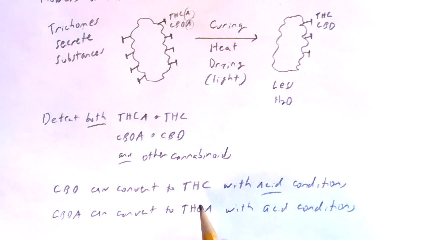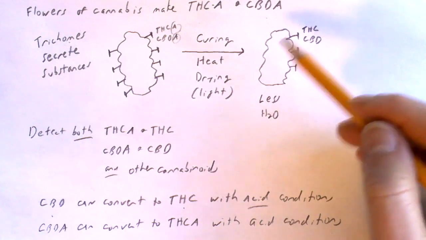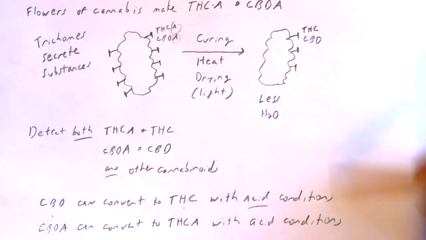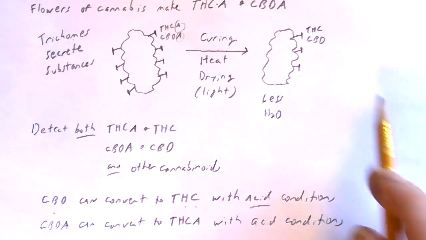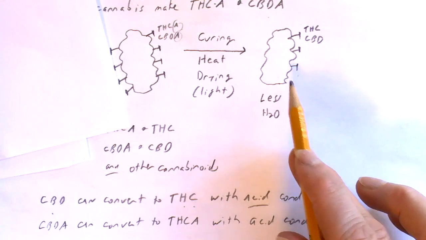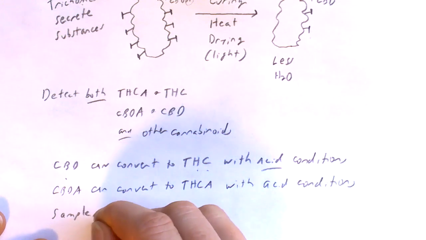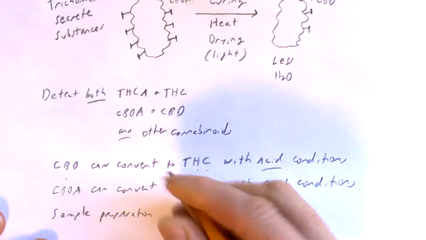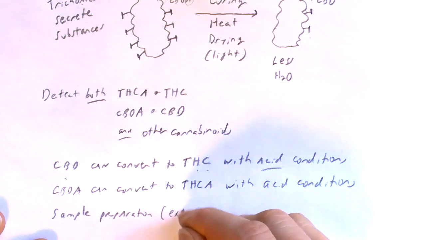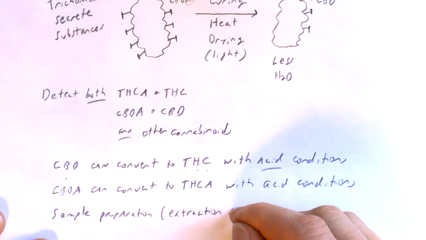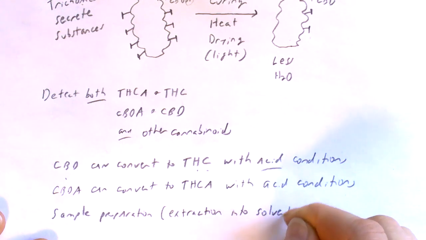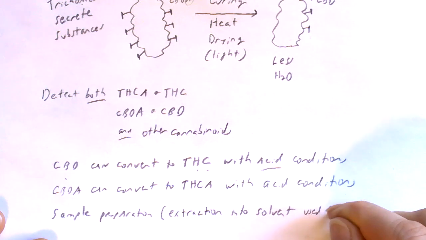Now, why would that matter? Well, remember, THC is the psychoactive component, CBD is the non-psychoactive major cannabinoid. And so if after you have your product, during this sampling and testing process, you add acids, you could get a higher THC content than was really in the buds. So you have to be careful during sample preparation and extraction of these molecules out of the homogenized material into the solvent used for the test, right?